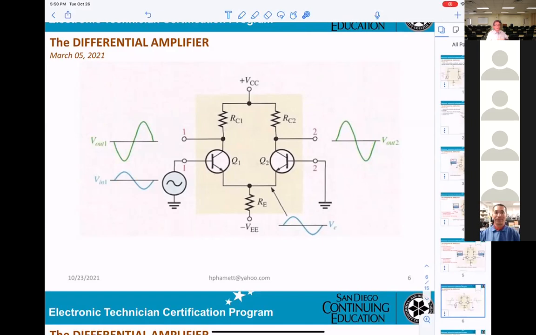To me, everything up here is very clear in telling you the output of Q1 and the output of Q2.